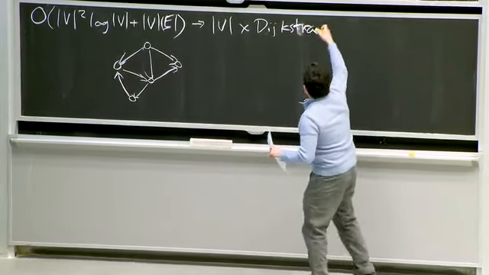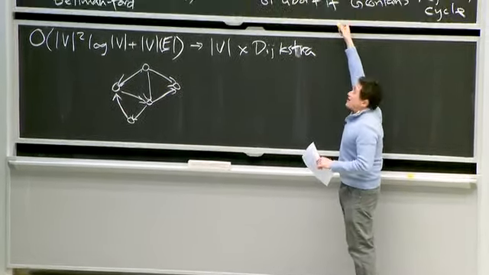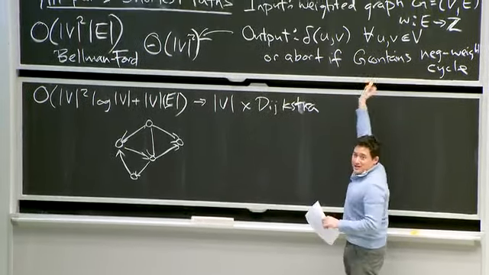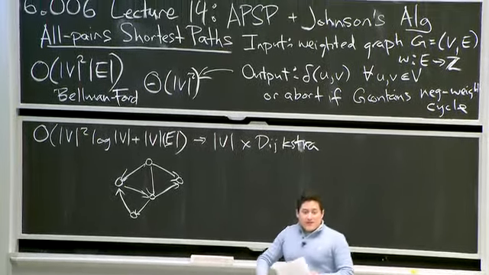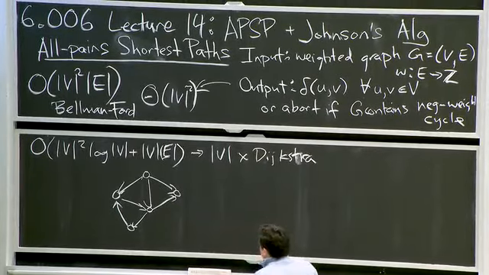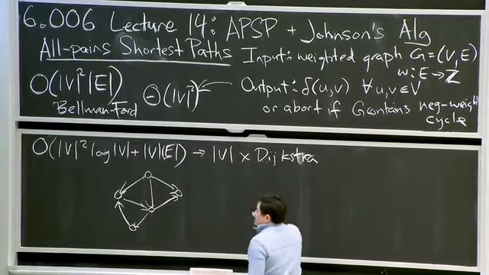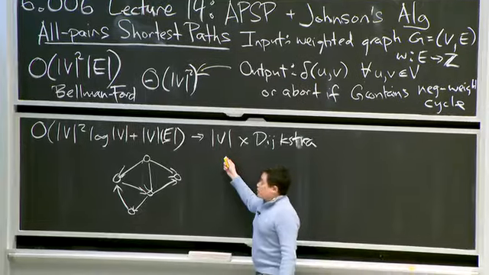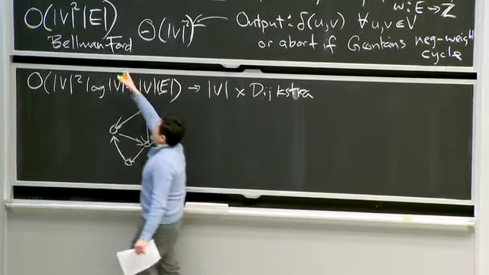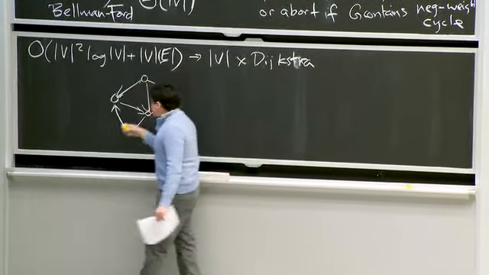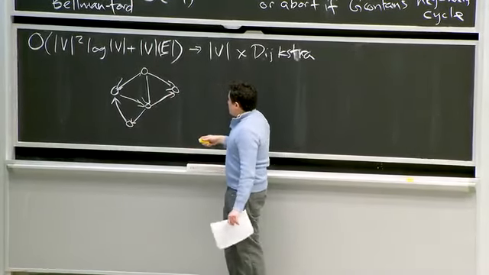So if it has any negative edge weights, I could return in linear time that it does, and I can abort. Or it has only positive weights, and I can still use Dijkstra. So that's all good. We're only concerned about needing to run Bellman-Ford on directed graphs that potentially have negative edge weight.